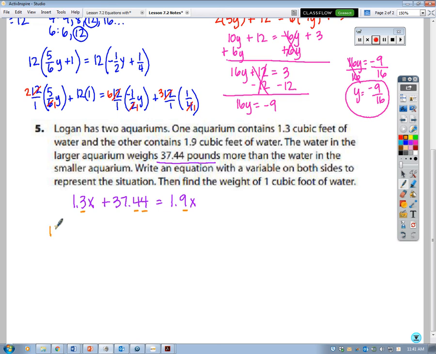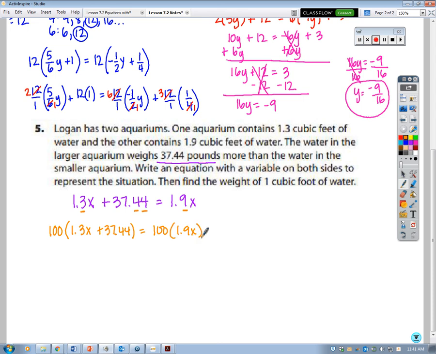So we are multiplying both sides of the equation by our base 10 value of the smallest place value, hundredths. So we're going to multiply both sides. So 100 times 1.3x plus 37.44 equals 100 times 1.9x.